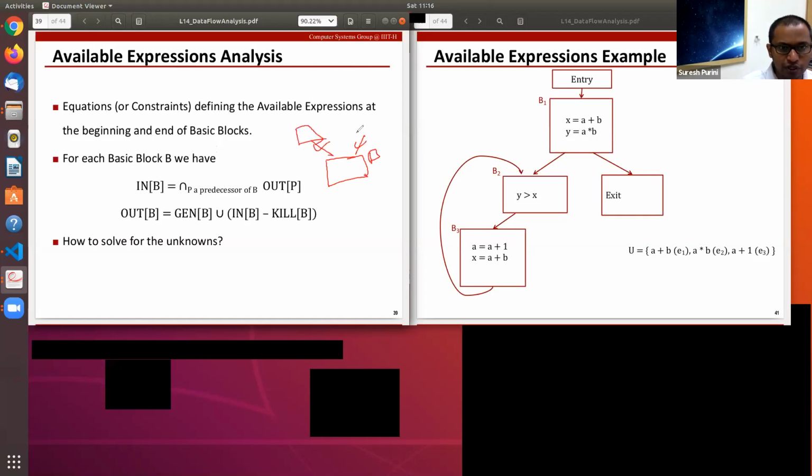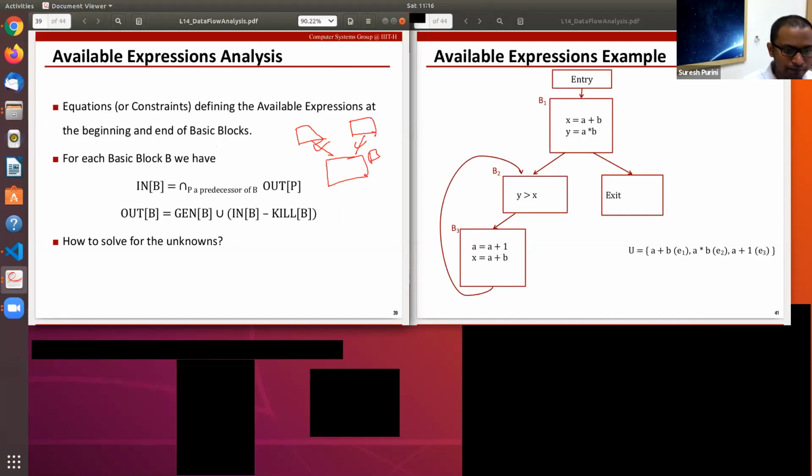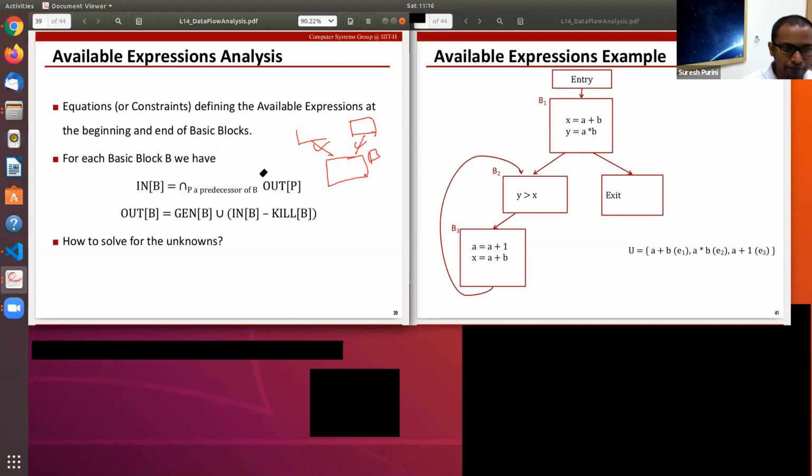So the set of expressions that are available at the beginning of the basic block B, you take the expressions that are available at the end of the predecessor basic blocks, and you take the intersection of them, and you get the In B set.